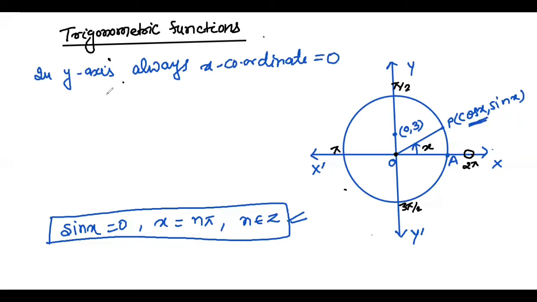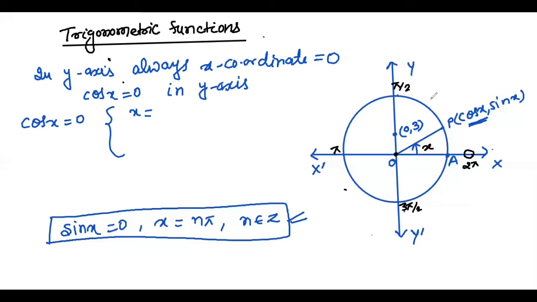So cos x equals 0 on the y-axis. So we can conclude that cos x equals 0 when x equals pi by 2, then 3 pi by 2, then similarly minus pi by 2, minus 3 pi by 2. Then again we add pi to pi by 2, that will be 5 pi by 2, then 7 pi by 2, then 9 pi by 2, meaning odd multiples of pi by 2.